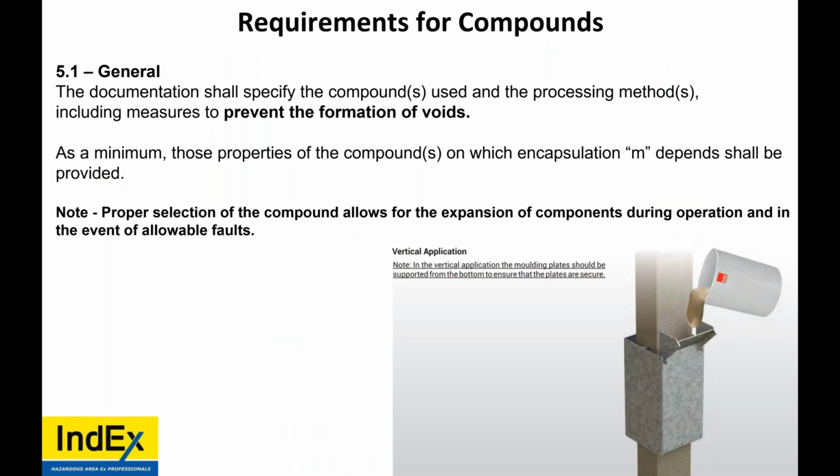The documents shall specify the compounds used and the processing methods, including ensuring the prevention of the formation of voids. As a minimum, these properties of compounds apply to which encapsulation shall be provided. A proper selection of the compound allows for the expansion of components during operation.